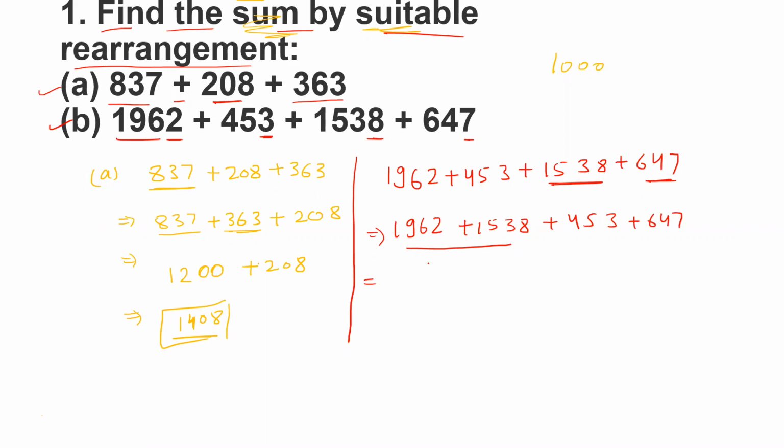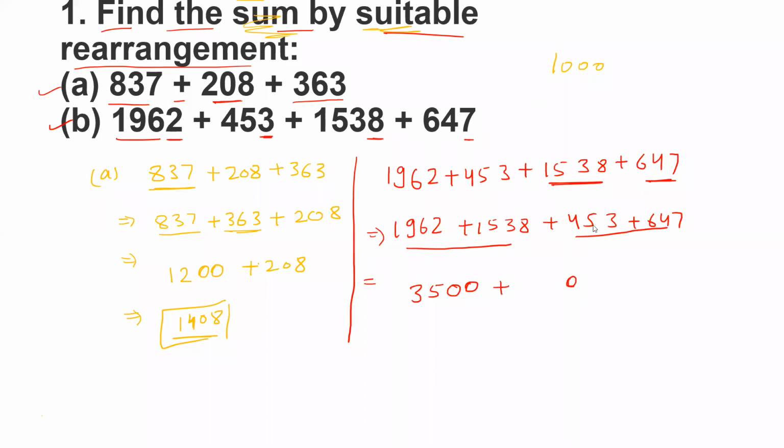Is it okay? Now add these two numbers. So 8 plus 2, 10, 3 plus 6, 9, carry 1, 10, again 1 carry, 9 plus 1, 10, 5, 15, 1 carry and 3. So 3500 plus. Now add these two numbers. So 7 plus 3, 0, 1 carry.